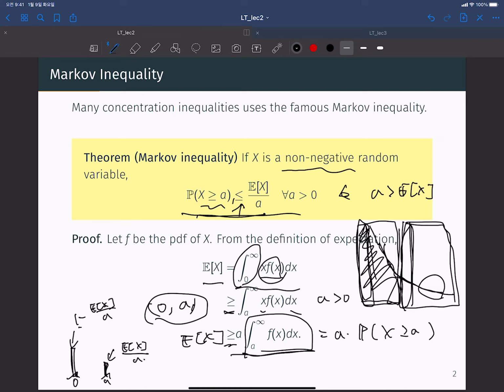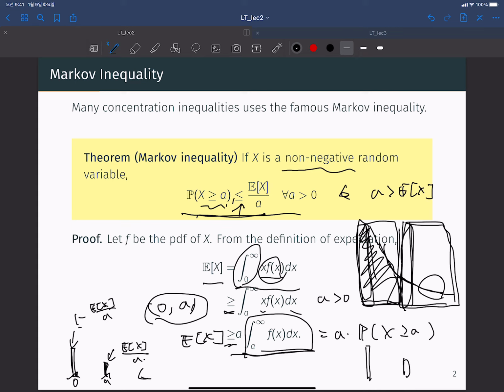In other words, the original PDF can be roughly approximated by these two Dirac deltas, as in this case. So when we have a very rapid tail, the Markov inequality becomes tight as the a value moves away from the expectation into the tail area.